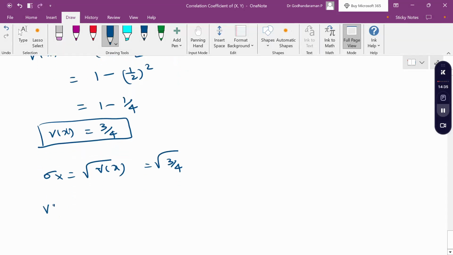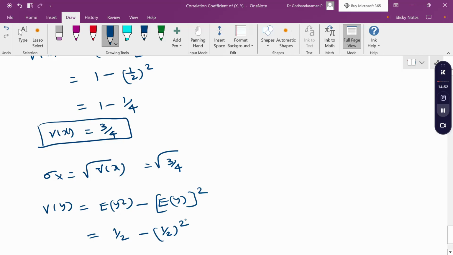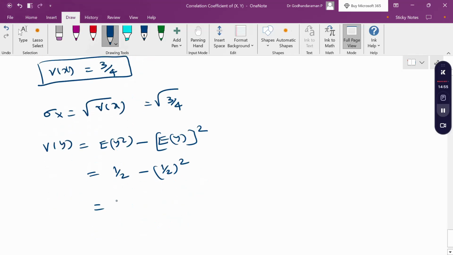And then variance of y is E of y square minus E of y whole square. E of y square is 1 by 2 minus E of y, which is 1 by 2, whole square, that is 1 by 2 minus 1 by 4. Taking LCM, 1 by 4. So variance of x is 3 by 4 and variance of y is 1 by 4.